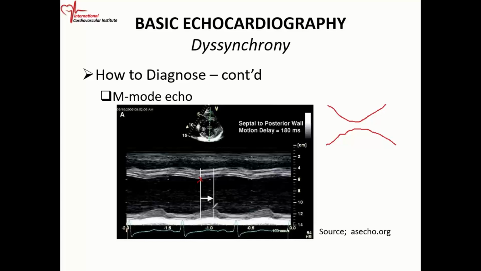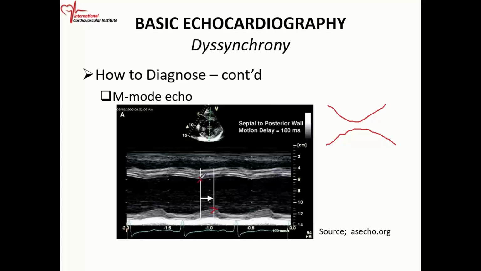The maximum excursion of the posterior wall is about right there. What's the problem? The problem is when you have maximum contraction of the septum, that occurs sometime before you have maximum displacement of the posterior wall.